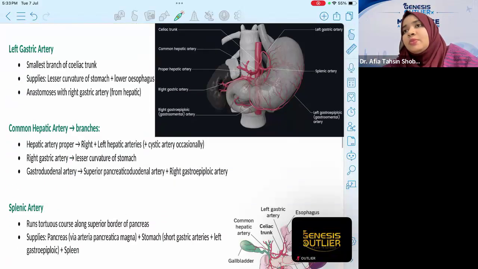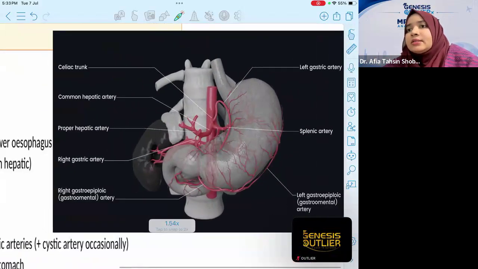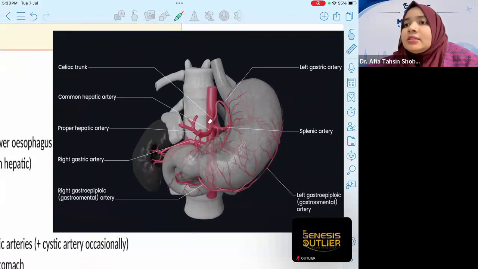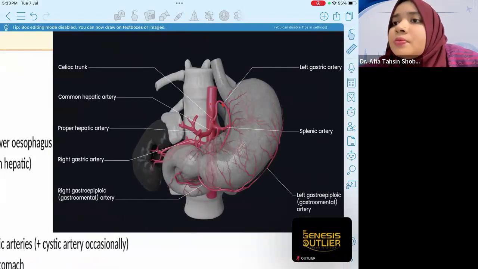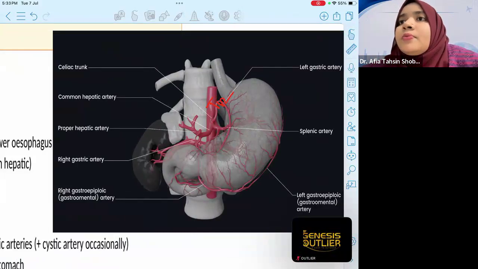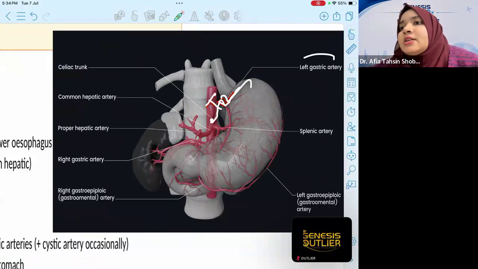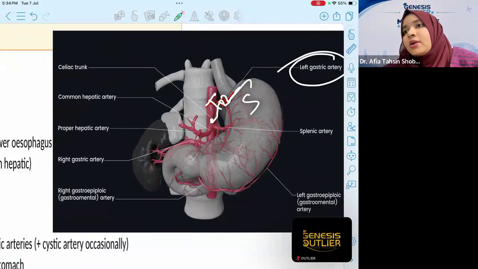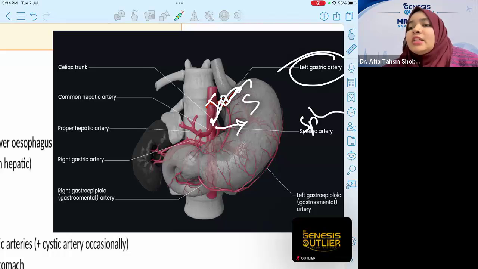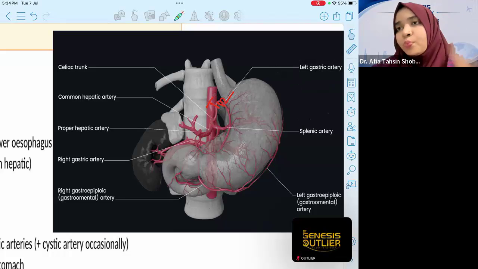I want to show you a beautiful image. Here, see, this is celiac trunk at T12. Here you will get three branches. Left gastric artery for stomach, splenic artery for spleen, and common hepatic artery, not hepatic artery proper, in this area.